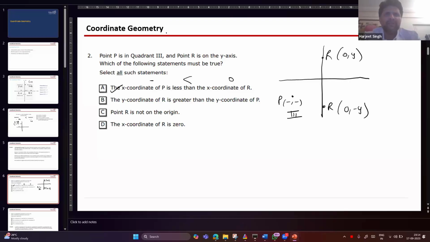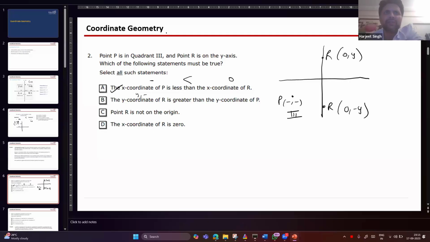So what about B? Not always true. B: Y coordinate of R is greater than Y coordinate of P. Can we say that for sure? Because first of all, R can be either positive or negative. What is the Y coordinate of R?